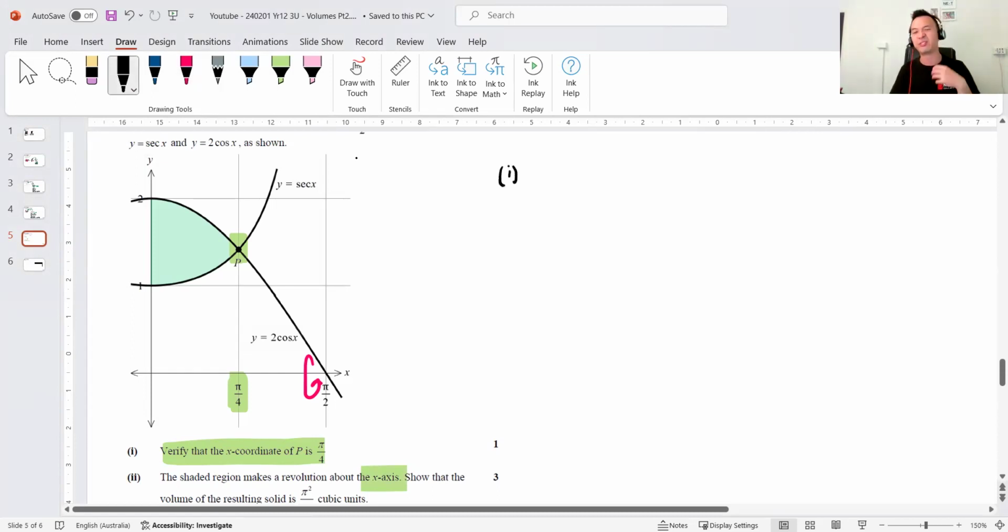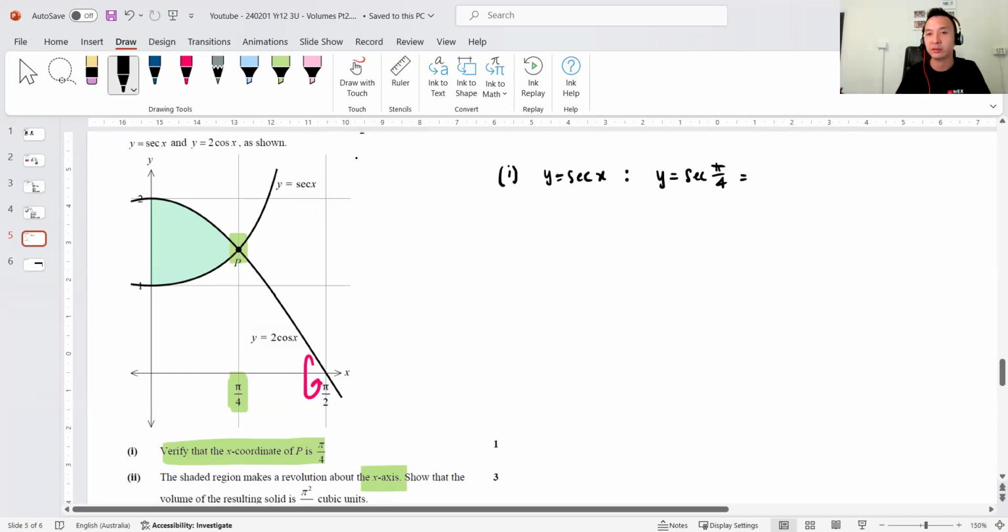Because it says verify, not find the coordinate, I'm just going to sub the x value into both graphs, and if it gives me the same y value, well, then I've verified it's the same coordinate, right? So for y equals sec x, y equals sec pi on 4.